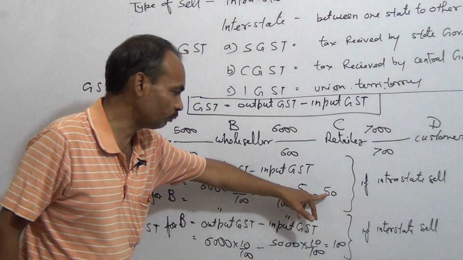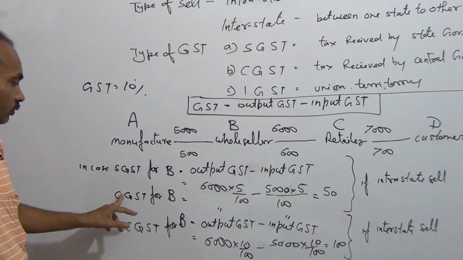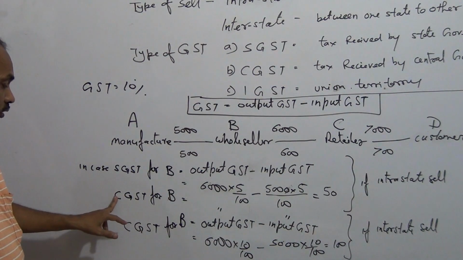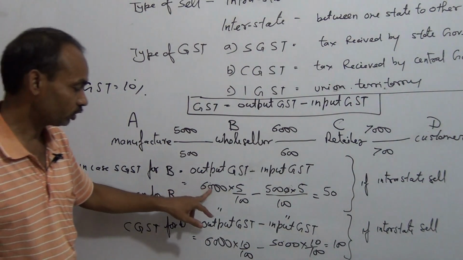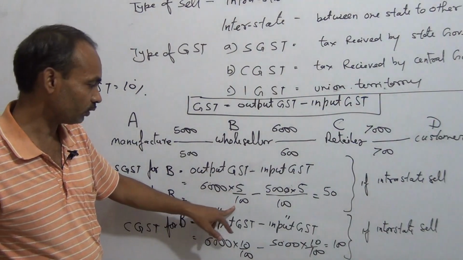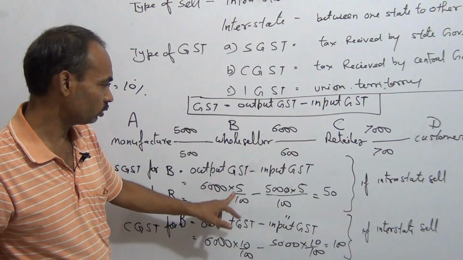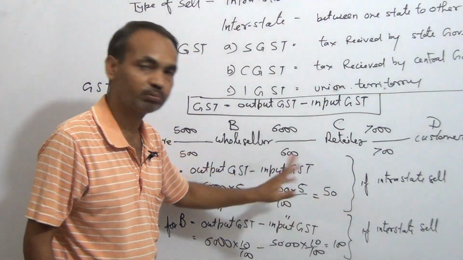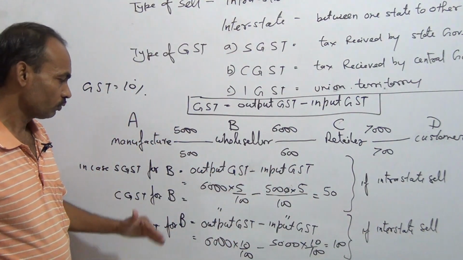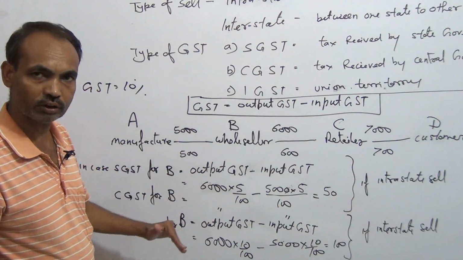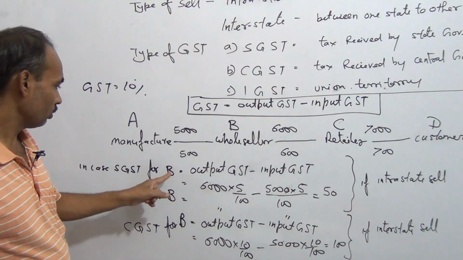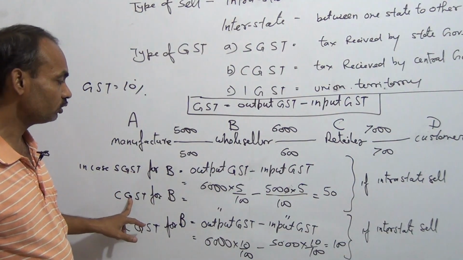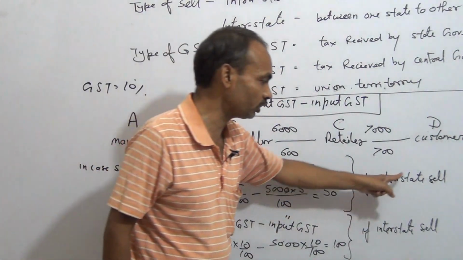So only 50 rupees is collected as SGST by B, and the same process applies for CGST for B: 6,000 at 5% output and 5,000 at 5% input, 50 also. It means 50% of the GST is for the state government and 50% for the central government in case of an intra-state sale.